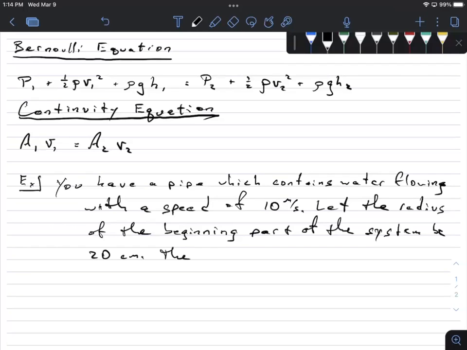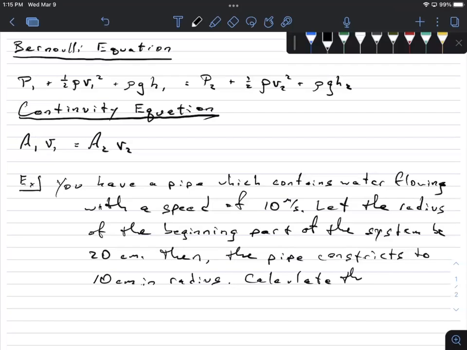Then the pipe, let's say, constricts to 10 centimeters in radius. Calculate the change in pressure.